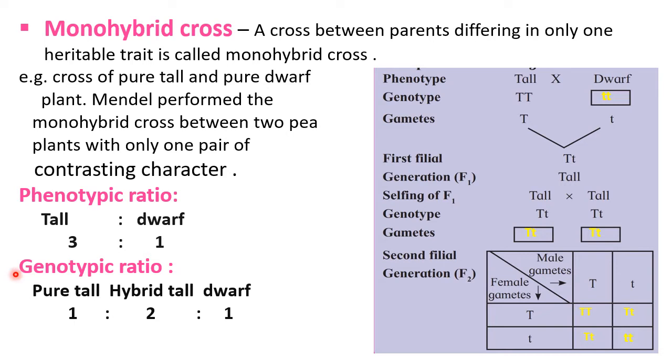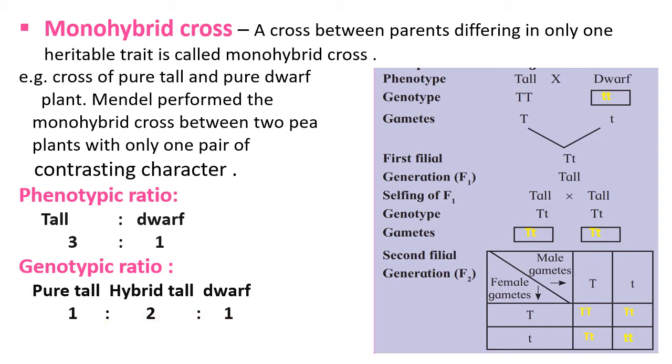In this checkerboard, the pure tall pea plant is in the ratio of 1, hybrid tall pea plants are in the ratio of 2, and the dwarf pea plant is in the ratio of 1. So the genotypic ratio is 1 to 2 to 1.